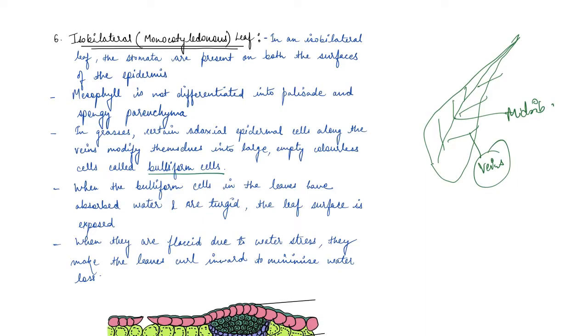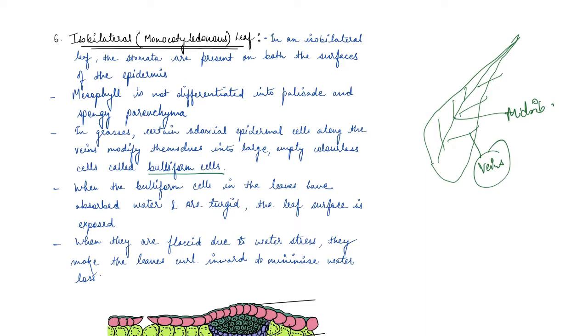When they absorb water and are turgid, the leaf surface is exposed, so basically transpiration increases. But when they are flaccid and do not have water in themselves, when they are in water stress, they make the leaves curl inward so that transpiration is less and water loss is minimized, right?